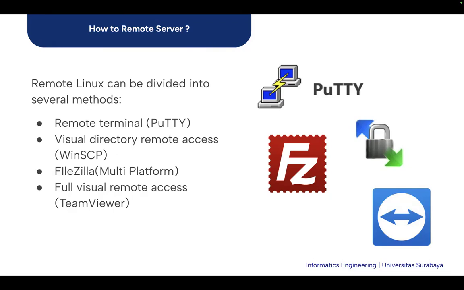WinSCP only runs on Windows, but FileZilla also provides visual directory remote access and it is multi-platform, so it can be accessed from Windows, macOS, and Linux. And maybe we can also do full visual remote access by using specific remote access tools such as TeamViewer.